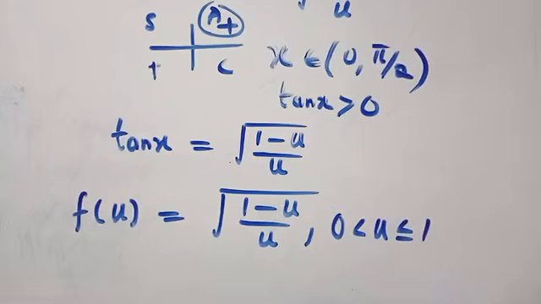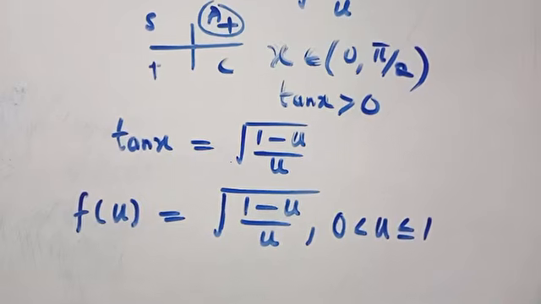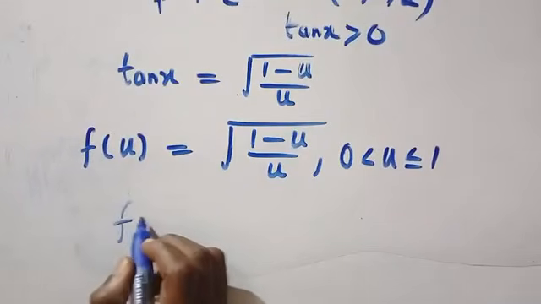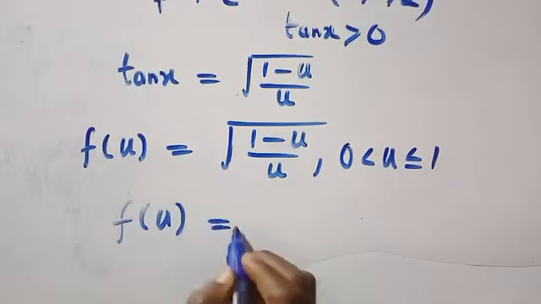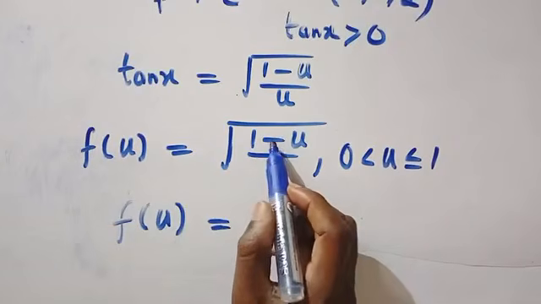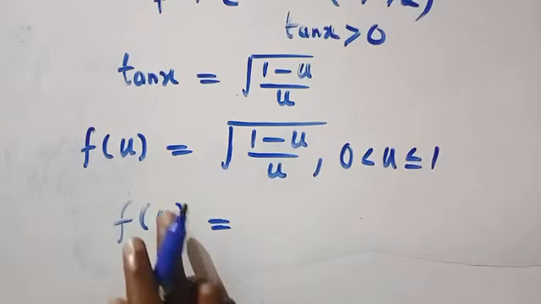1 is possible here, because when we take the limit of this f of u, we get 0. So 1 works, but 0 can never be in the domain of this. So we now conclude that f of u is equal to the square root of 1 minus u divided by u.